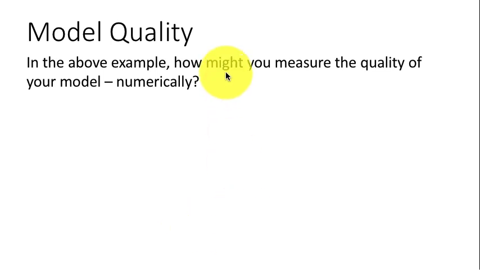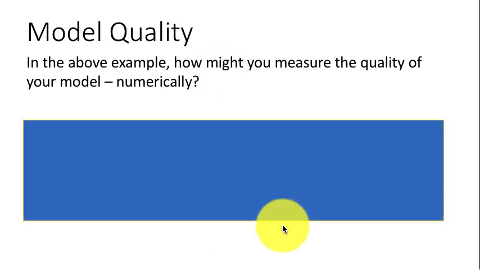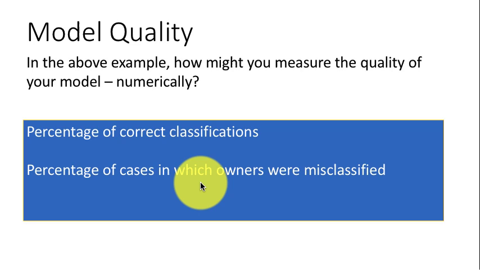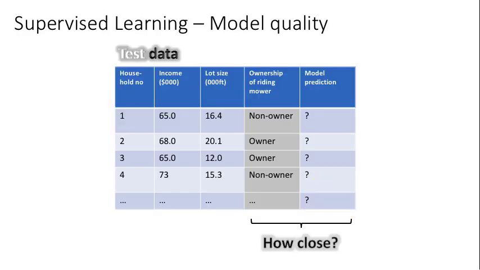Okay, so how will you measure this numerically? Just like I said, you can say percentage of correct classifications, or you could do percentage of cases in which owners were misclassified. Because it's not only a matter of saying, okay, the model is correct 99% of the time. You may want to say, well, how correct is the model when it comes to non-owners? How correct is the model when it comes to owners?